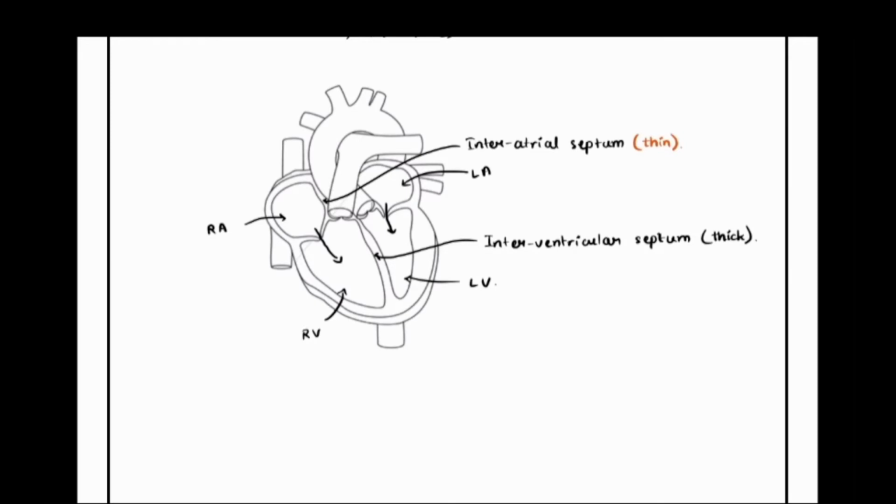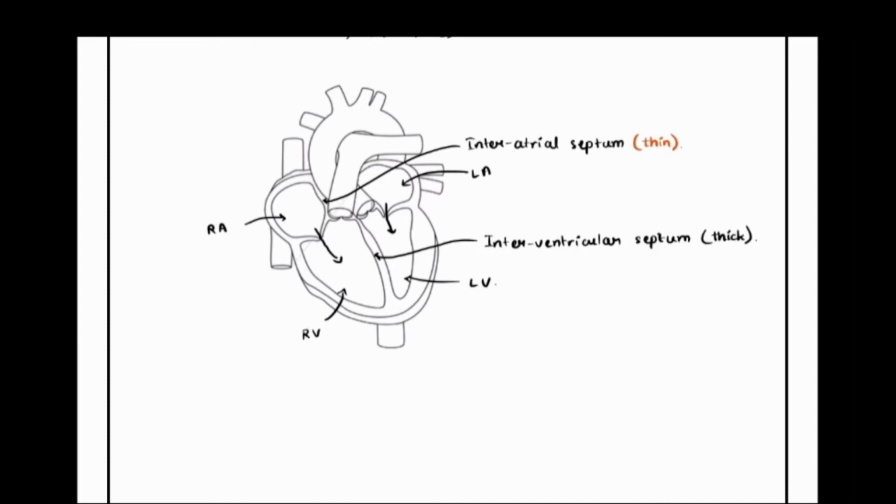And finally, from the ventricles, the blood goes to the rest of the body. I mean, oxygenated blood would go to the rest of the body, and deoxygenated blood is going to go to the lungs to get oxygenated. So the ventricle must have much more pressure when it is pumping the blood.